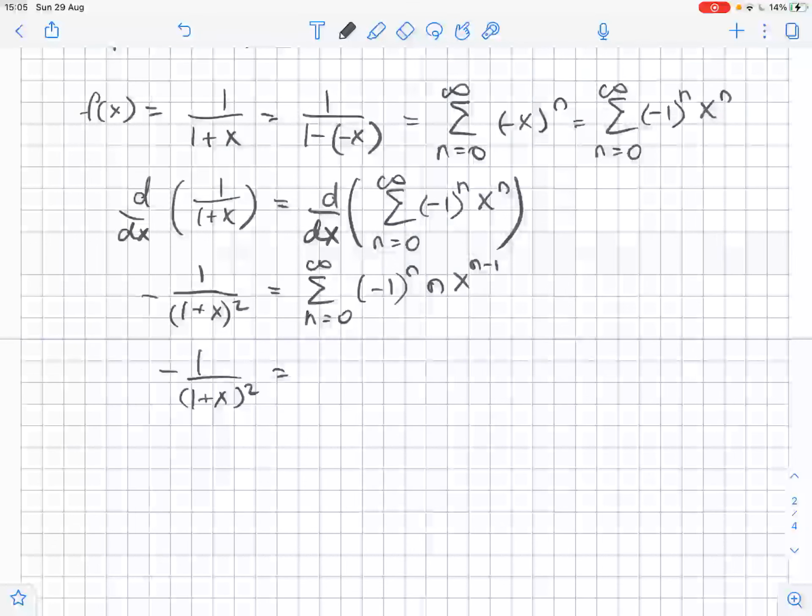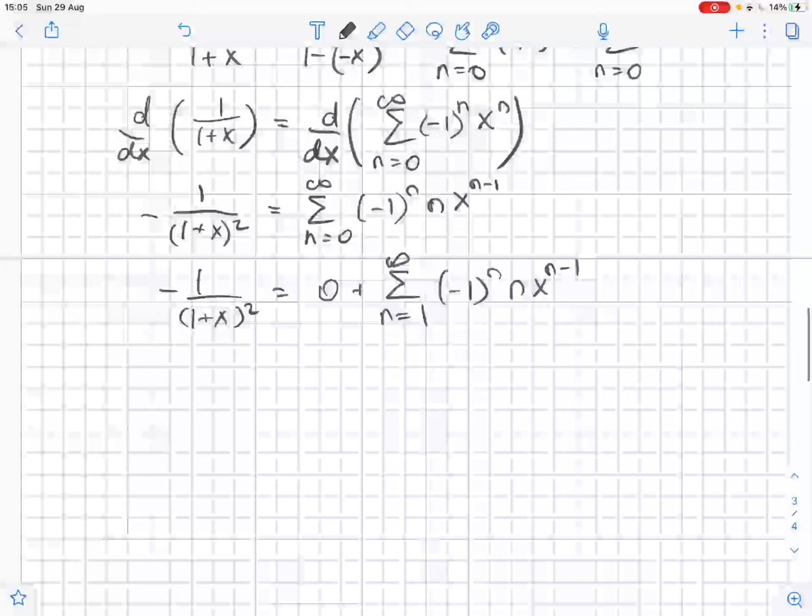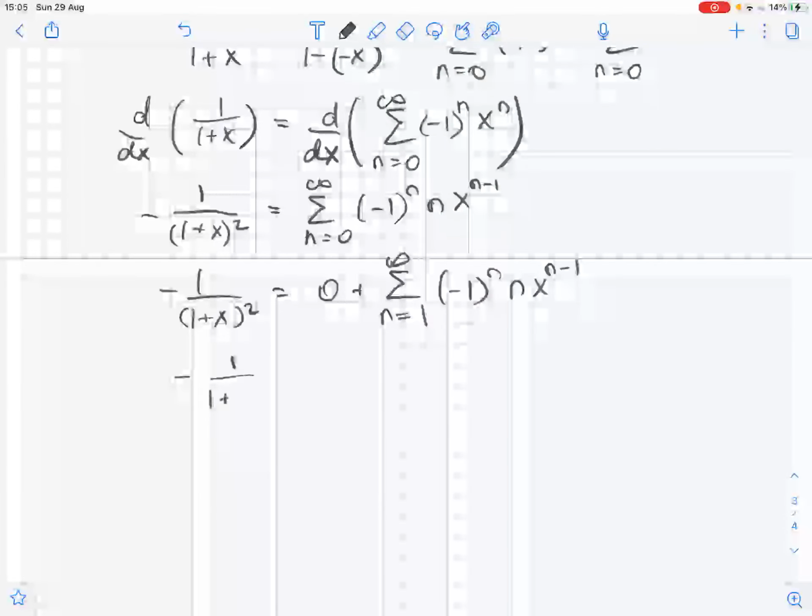Then we can rewrite it as negative 1 over 1 plus x squared equals 0 plus the sum from n equals 1 to infinity of negative 1 to the power of n times n times x to the power of n minus 1.